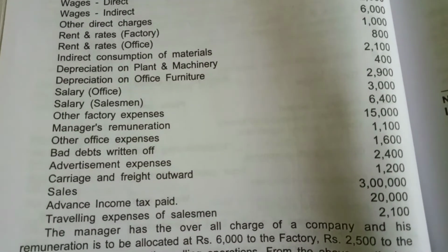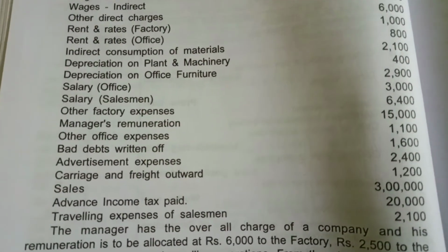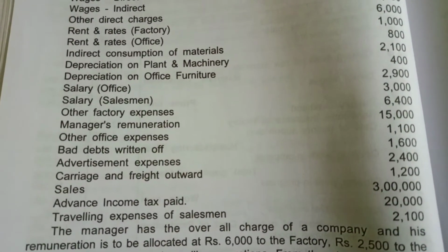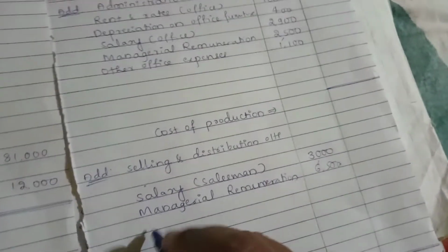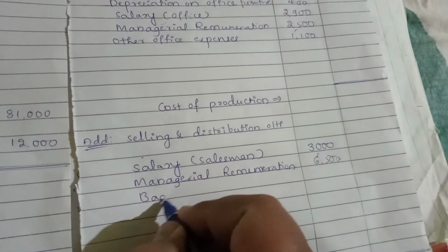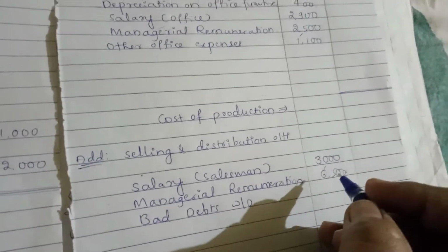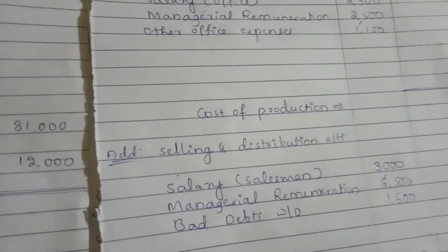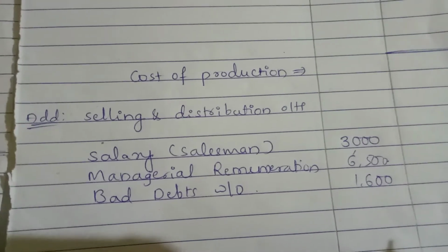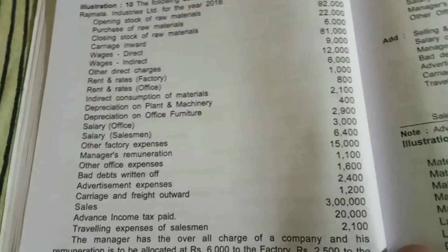That is why they have become bad debts, associated with the selling and distribution overhead only. So under the selling and distribution overhead I will write bad debts written off amounted to rupees 1,600.